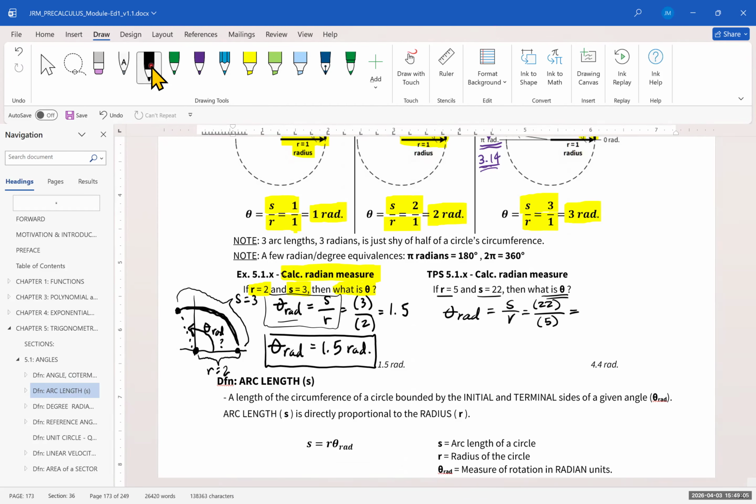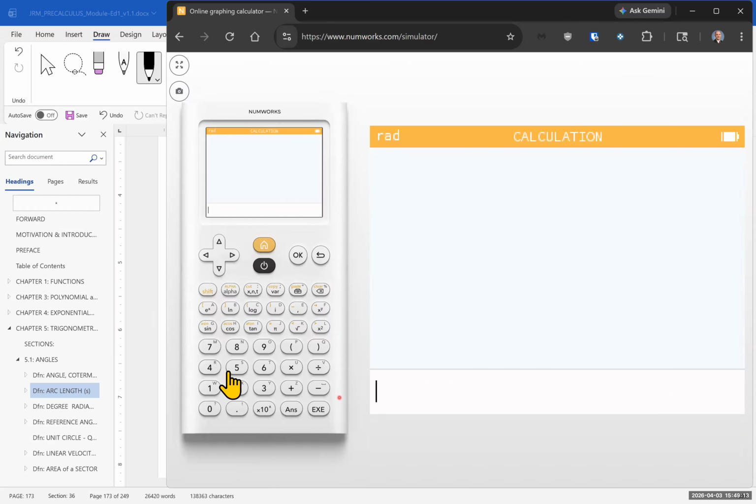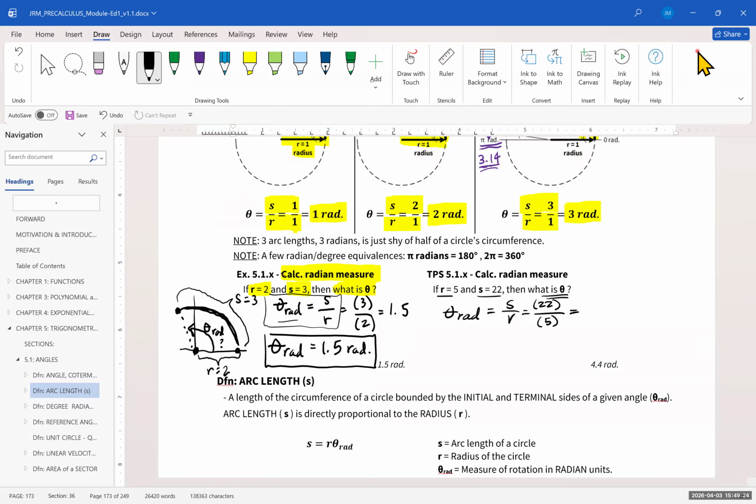So we want to do 22 divided by 5, and you can see we get 4.4. So our rotational angle is 4.4 radians.